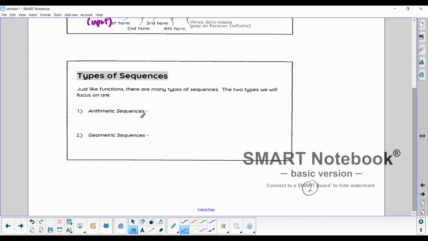Just like functions, there's many types of sequences. Arithmetic sequences are when you add or subtract to get the next term. And this is like linear.